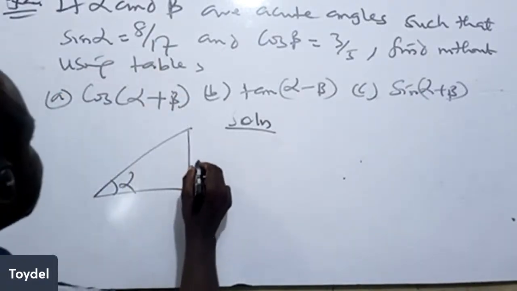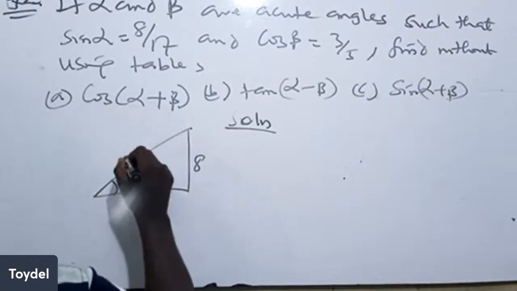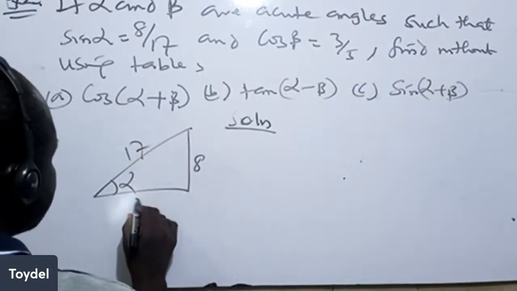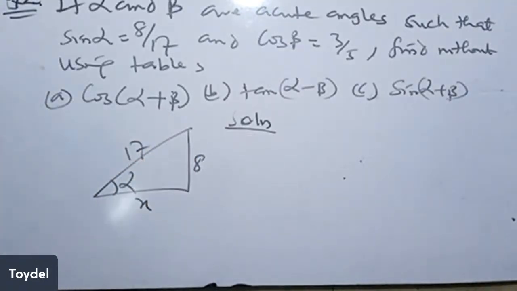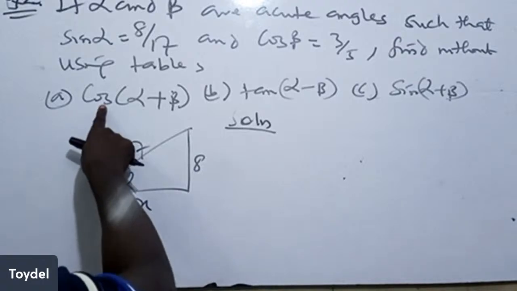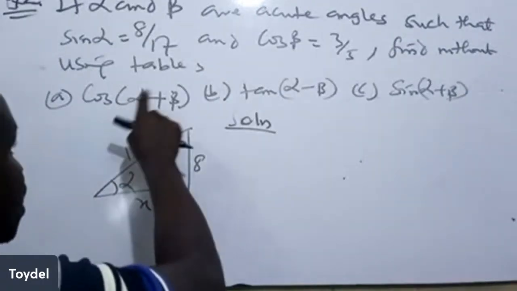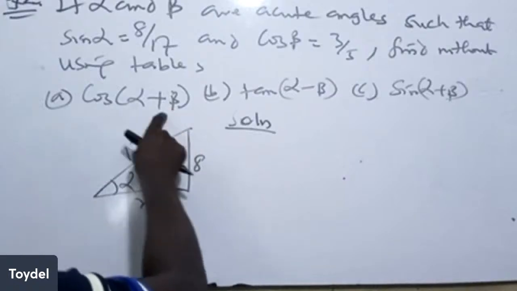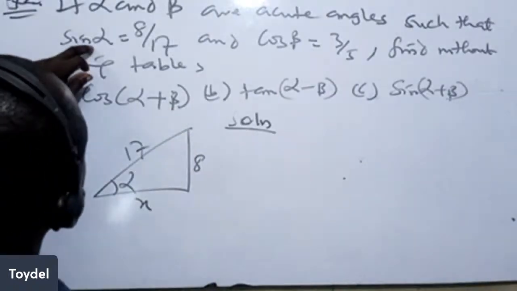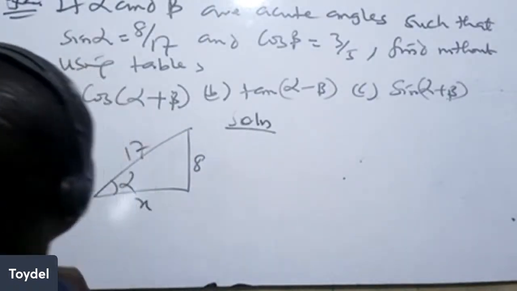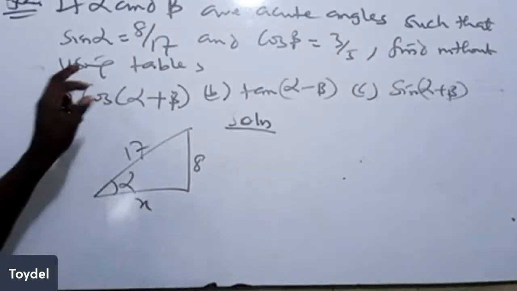What is sine? Sine is opposite all over hypotenuse, 17. Then there's need for us to find x, which will be the adjacent. Because if I want to express cos of alpha plus beta, this will be cos alpha cos beta minus sine alpha sine beta. So I know sine alpha, but I don't know cos alpha. So there's need for me to find this adjacent to be able to know cos alpha.